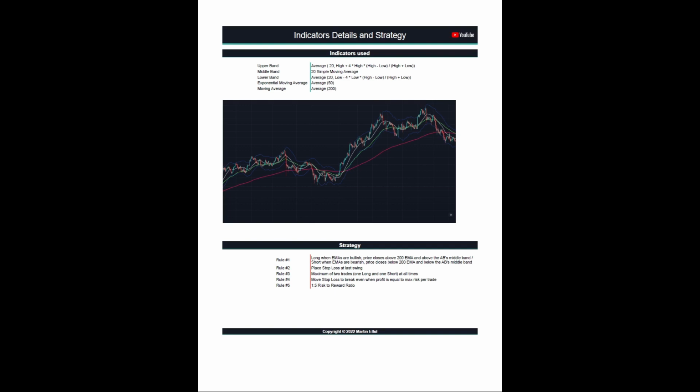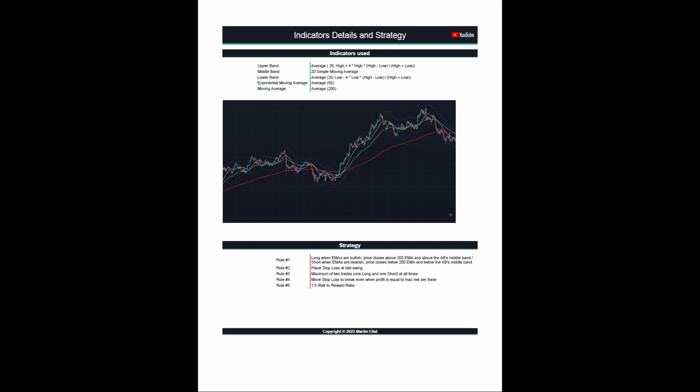This indicator possesses three formulas. For the upper band, it is the average of the last 20 bars and the highest price of the current bar plus 4 times the highest price times the highest minus the lowest prices divided by the highest plus the lowest prices of the current bar.